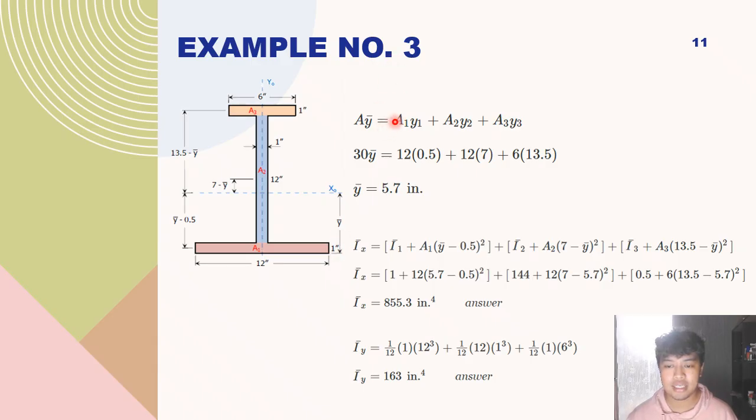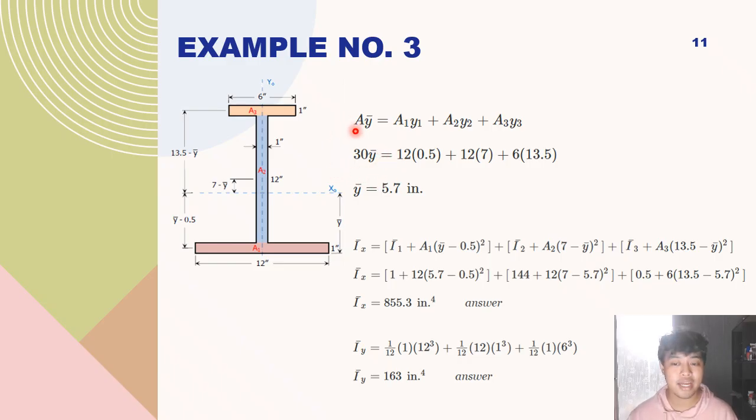And then that is equal to the summation of your area times the distance of their centroids with respect to the reference line. So we have already computed for A1 y1, A2 y2, and A3 y3, and what we have to do now is to compute for y-bar.